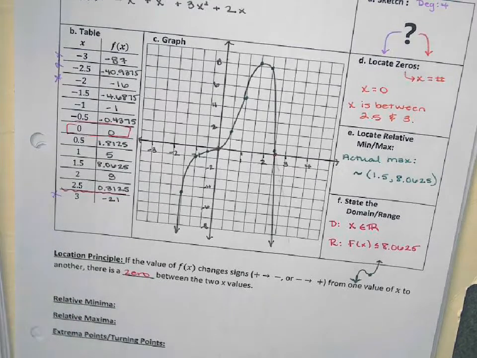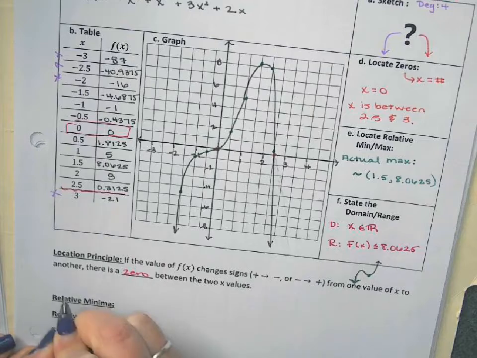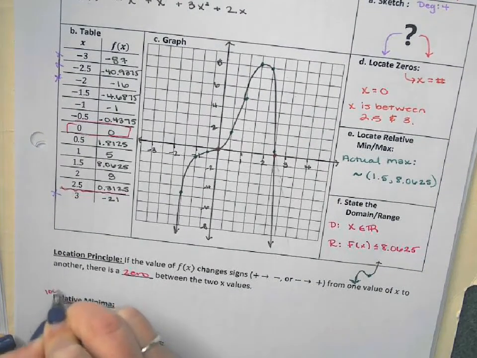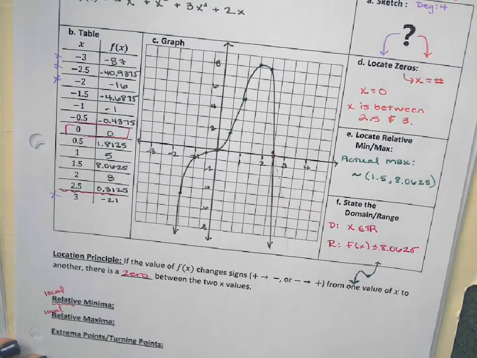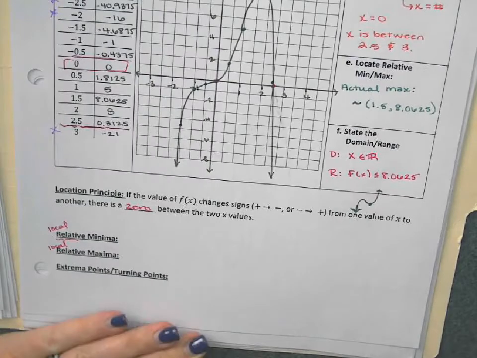Okay. Your relative minima versus relative maxima. Relative is like a local. That's the other word instead of relative. It's also called a local minimum or maximum. So we're going to draw this diagram that we did over here. We'll draw that for our definition.